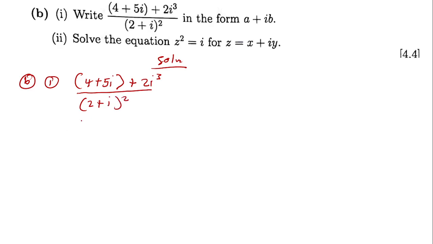Look, guys, from the principle, for this part here which has a cube, we know that this can be written as 4 plus 5i plus 2i times i squared over 2 plus i, and then 2 plus i.